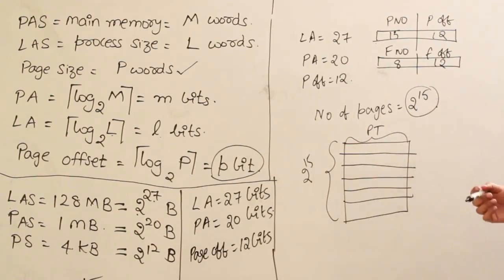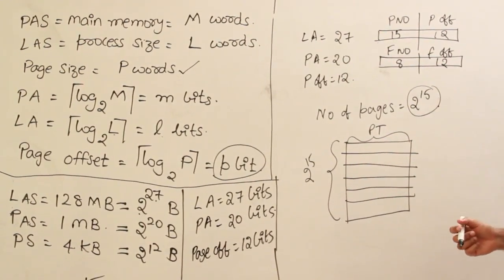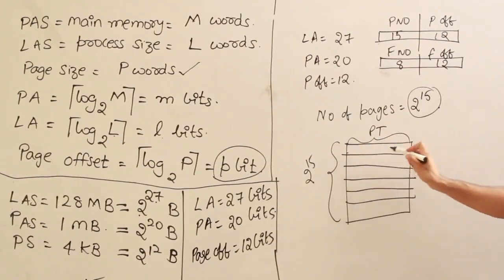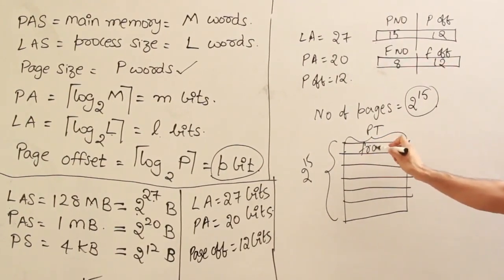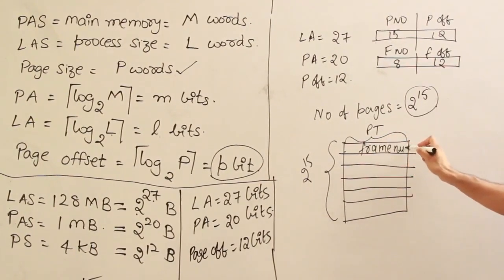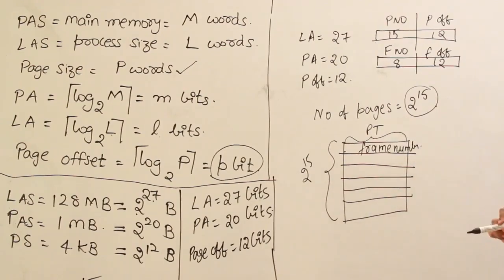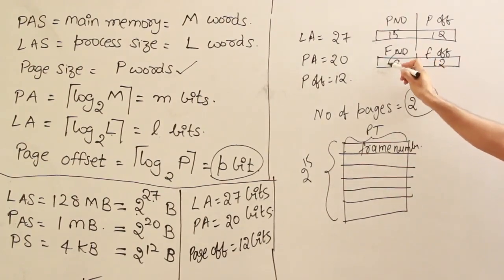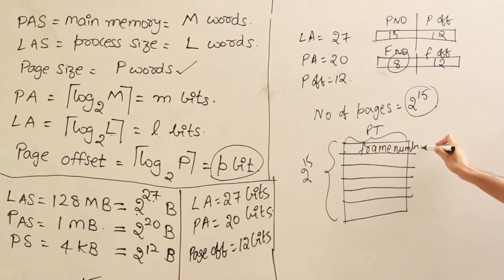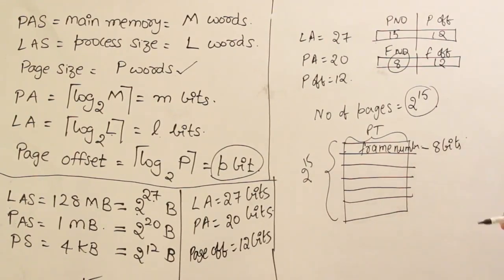That depends on the implementation. If they don't mention anything, then a page table entry will contain the frame number. The frame number here is 8 bits. Therefore each page table entry contains 8 bits, which is 1 byte.